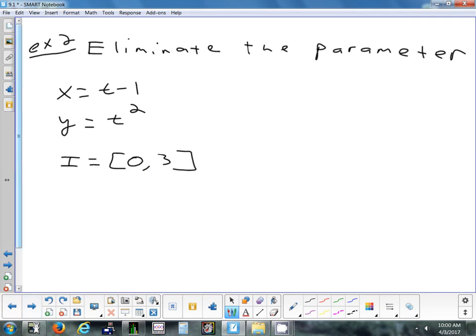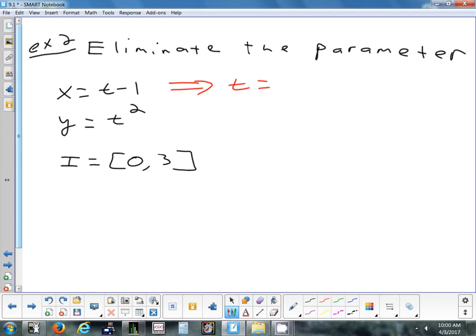So it says eliminate the parameter. To eliminate the parameter, which equation do we work with first, x or y? X. And what do we do with the x equation? Get t by itself. So what does t equal in the x equation?